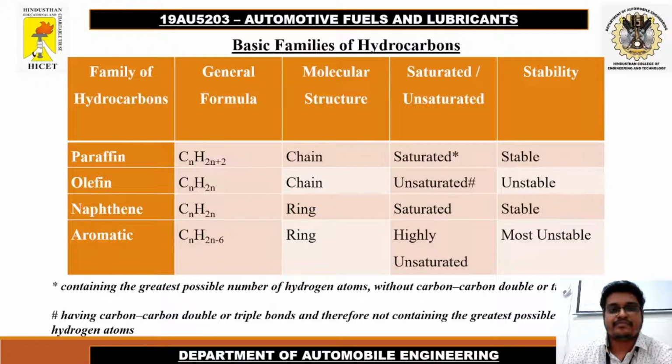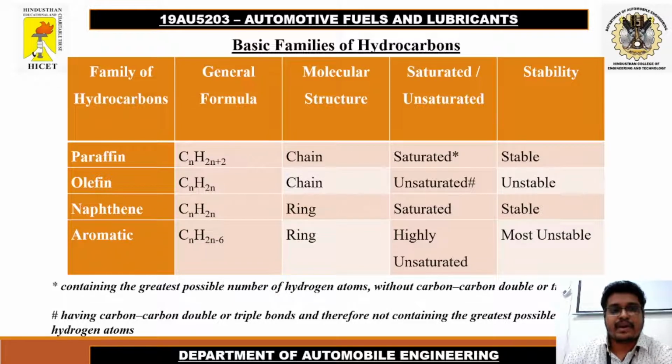Let us see in detail. In general, there are four families in hydrocarbons of petroleum products, namely paraffin, olefin, naphthalene, and aromatic. Let us see the difference between all those four types of hydrocarbons.